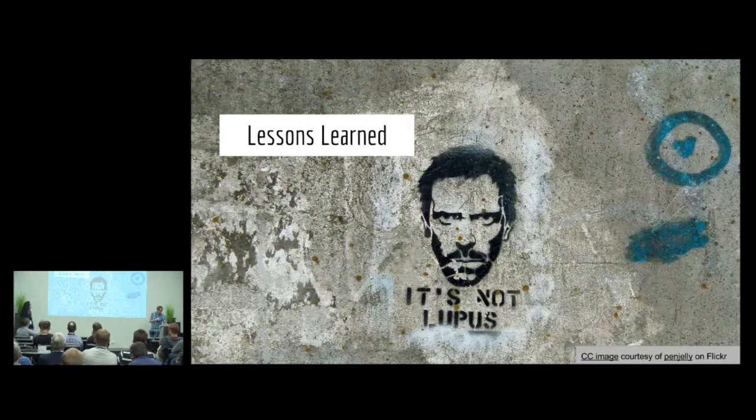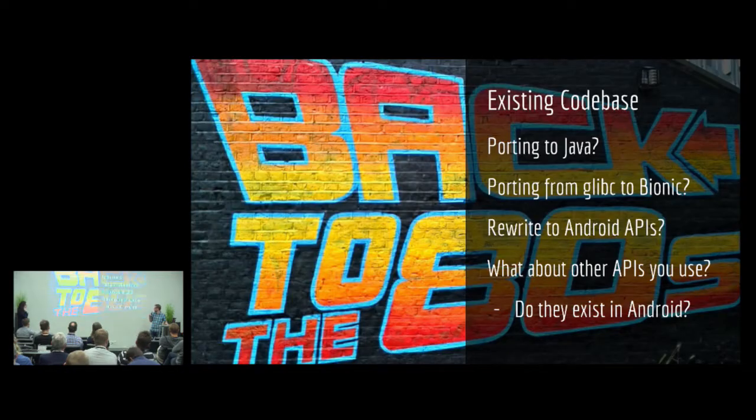So, going over to the lessons learned. We have talked a lot about what is possible from a technical point of view until now, but even if it's all possible, it's not necessarily smart, especially from the perspective of bringing up the project and maintaining it over the long term.